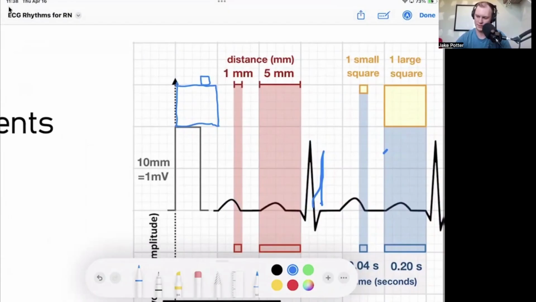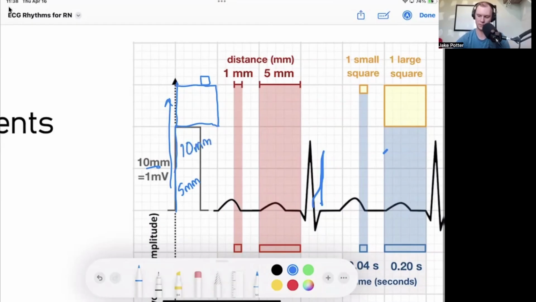When we talk about the distance, this diagram's kind of misleading. Distance is going to be in this axis, I think it's the y-axis, and then your time is going to be in your x-axis. When we look at this 10 millimeters, you're measuring in millimeters tall. This would be 5 millimeters, this would be another 5 millimeters, so the two combined are 10 millimeters.